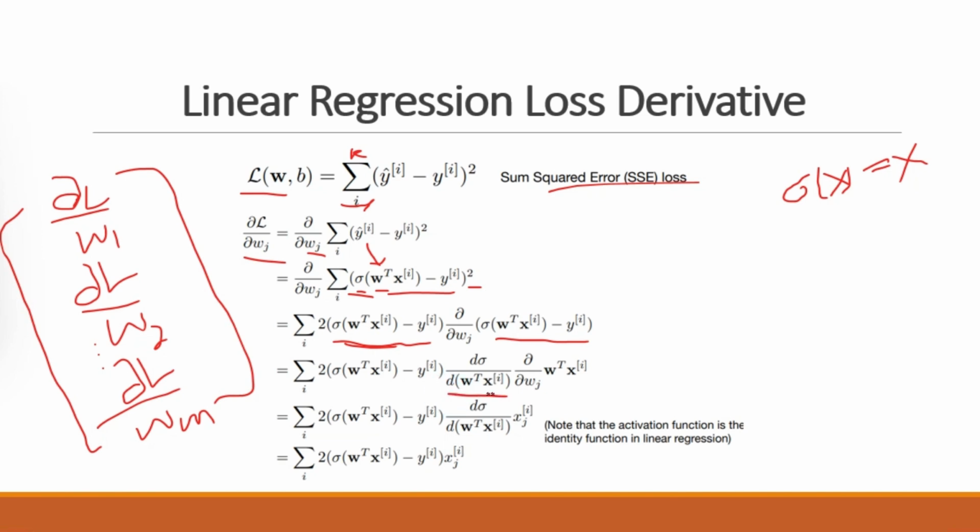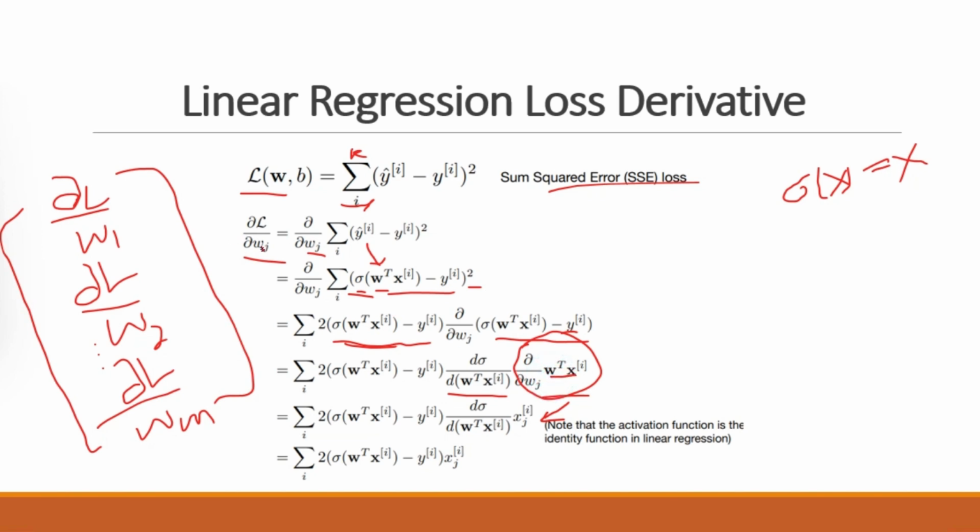On the left hand side is the outer derivative, the derivative of this activation function with respect to its input, which is this term W transpose X. On the right hand side, I have the derivative of the inner part. Notice the minus y goes away because it is just a constant. Now, what if we compute the derivative of this whole term with respect to W? The result would be X, because we computed the derivative with respect to Wj.